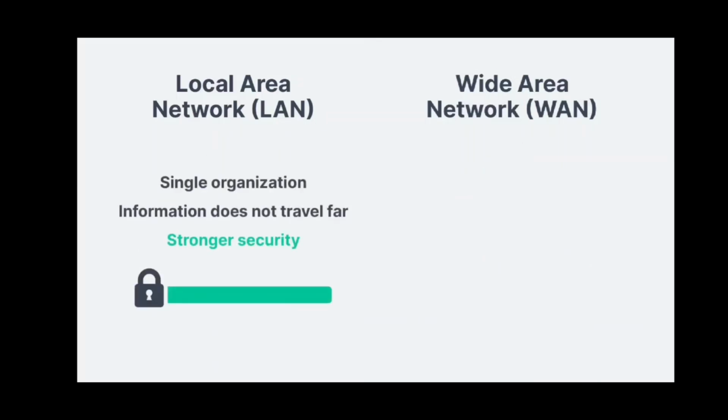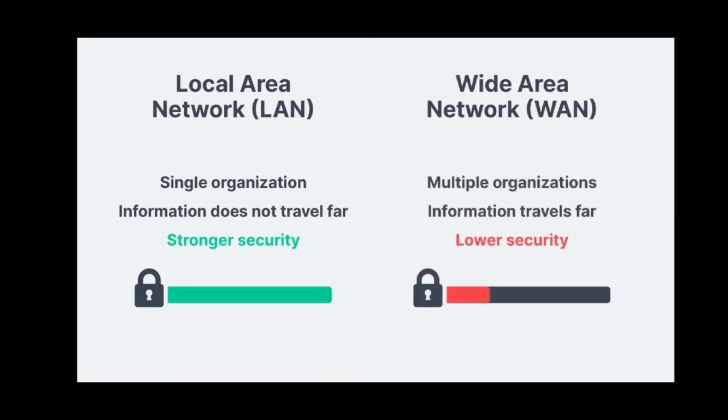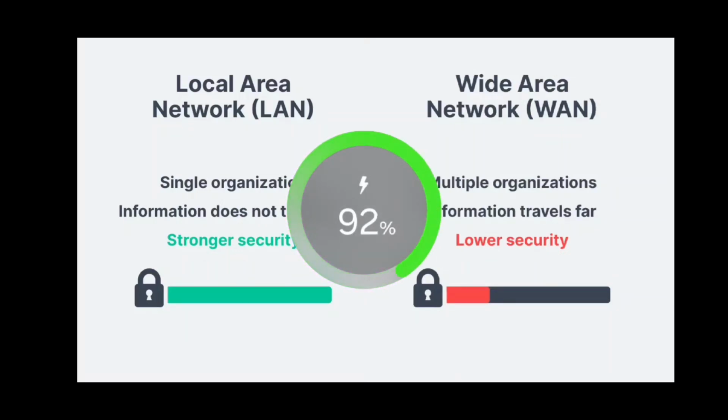LANs have stronger security because they are controlled by a single organization and information does not travel as far. WANs have lower security because of how WANs transmit data and how far the data has to travel. Think of it this way. The more people using the network, the more opportunity for security to be breached.